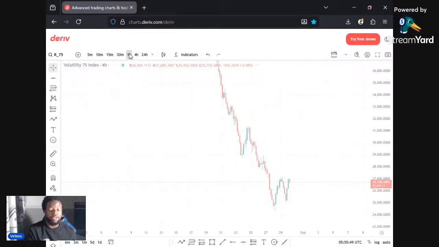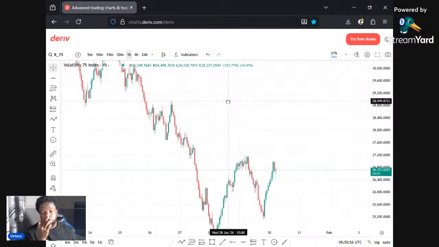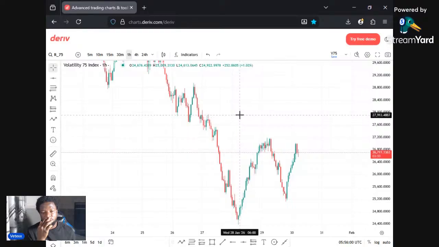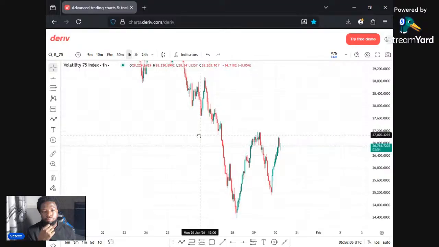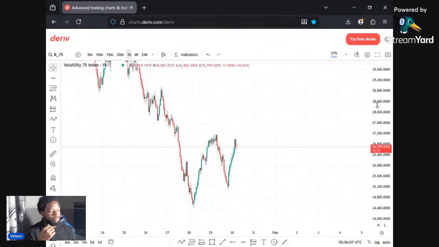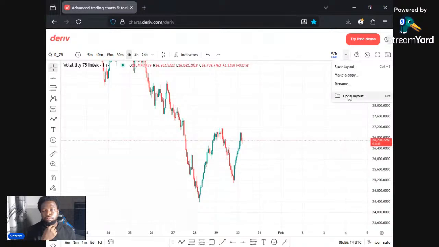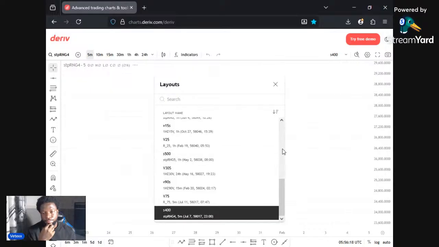The 1 hour time frame is the last time frame we are going to be checking. Once you don't see anything on the 1 hour, we are done with that pair. There's nothing on the 1 hour. Let's check out the next pair, which is the Step 400.